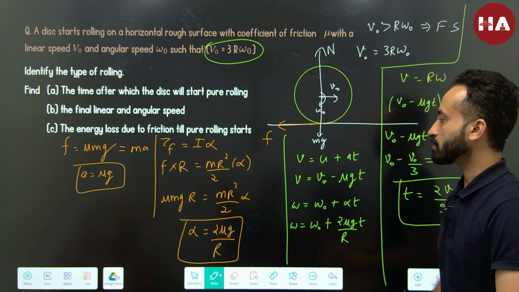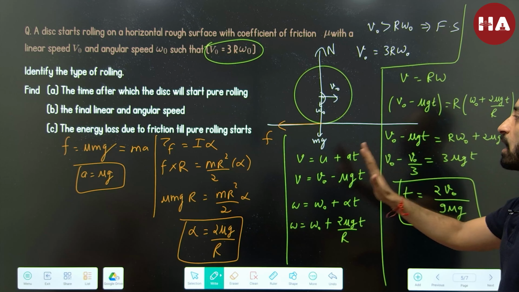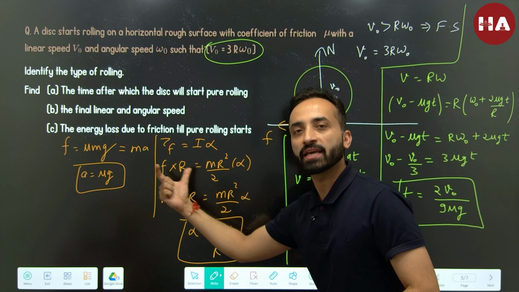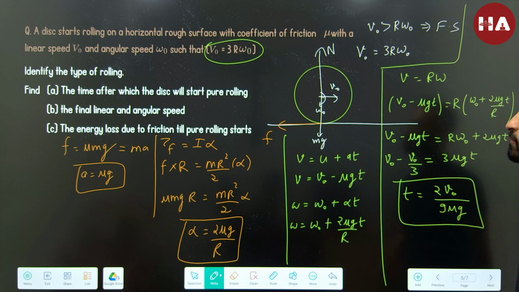All right, so copy this down. How did we write the governing equations? How did we get the value of a? How did we get the value of alpha? And then use the equation of motion to get the value of time. Copy this down. I will move aside, you copy this down, and then we move forward.